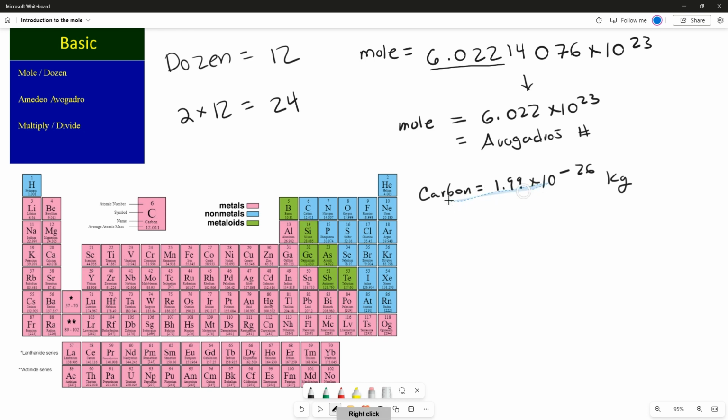Well, you measure it out in batches. What are the batches? Moles. So you measure out a mole of carbon. Well, that's a little bit easier to measure because a mole of carbon weighs 12 grams. A mole of hydrogen weighs 1 gram. A mole of oxygen weighs just about 16 grams.